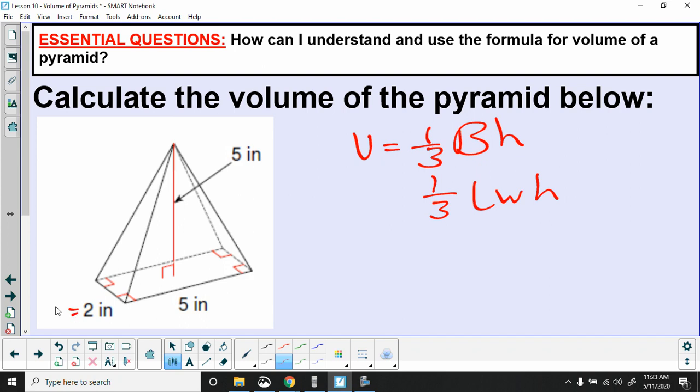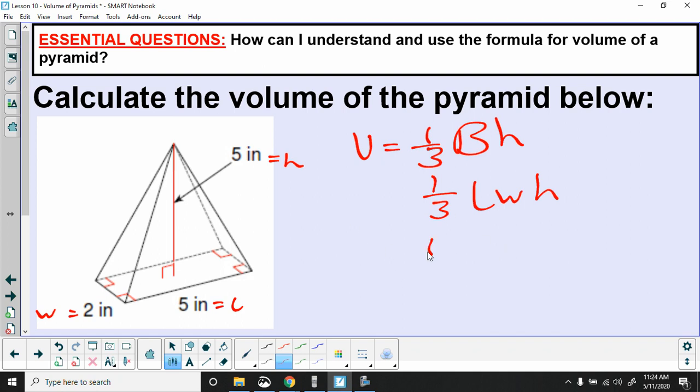Doesn't matter, 2 could be the length. Actually, we're going to make 2 the width. Again, doesn't matter, 5 can be the length. This 5 could be the height, because the altitude intersects at 90 degrees.